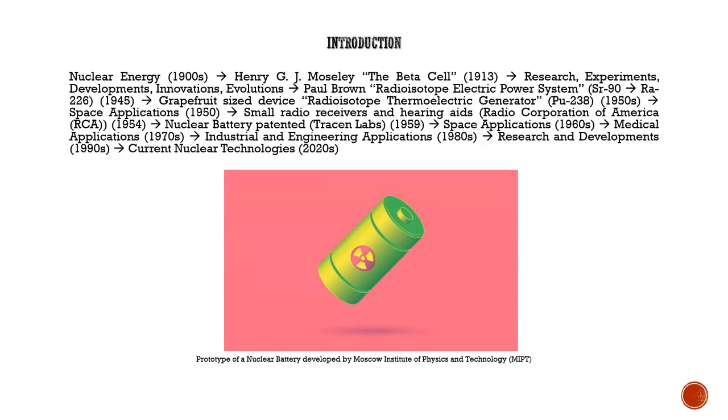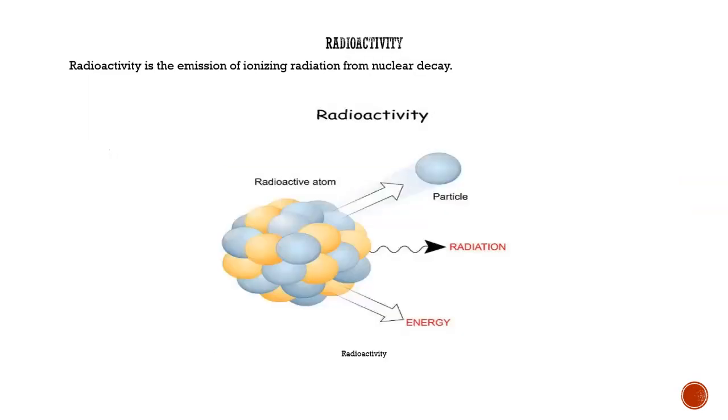So it's not harmful. Okay, so the lifespan of the nuclear battery is for decades, and it's 200 times more efficient than the presently available lithium batteries or nickel cadmium or other types of batteries available in the market.